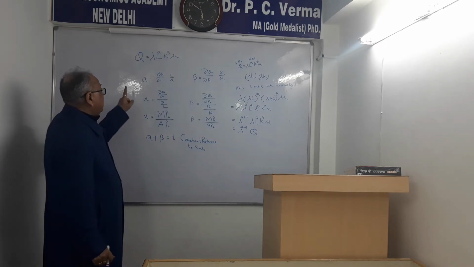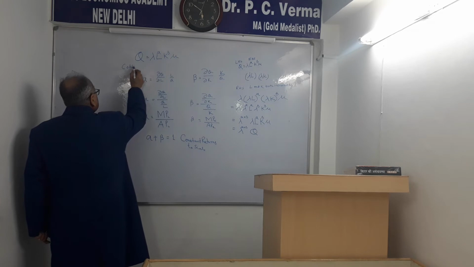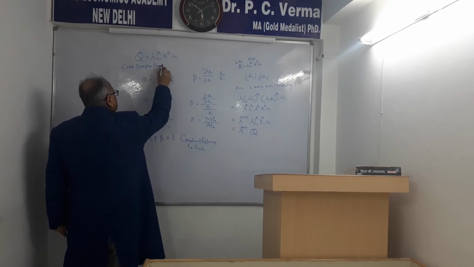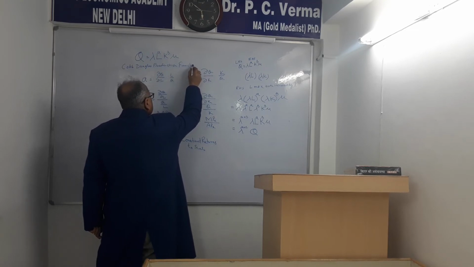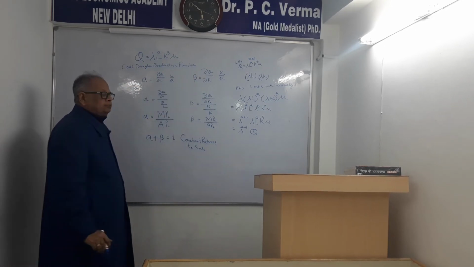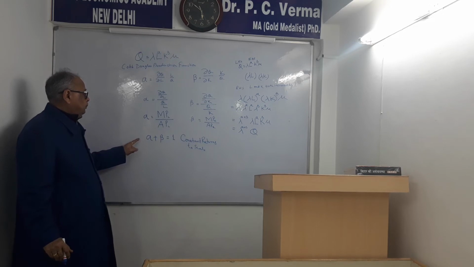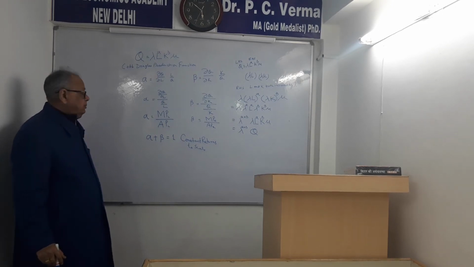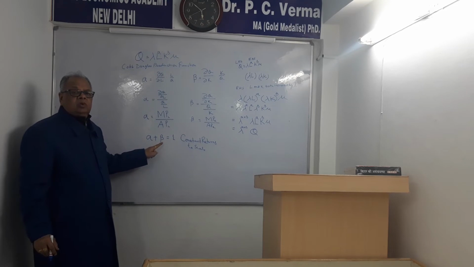So, Cobb-Douglas production function, assumption is alpha plus beta equal to 1.